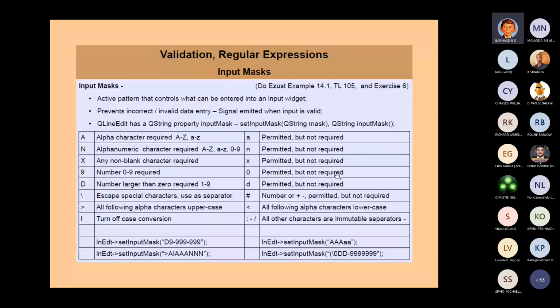So you must understand the difference between the two, where the input is compulsory and where it's optional. And a capital D means a number larger than 0 is required, in other words, the digits 1 to 9. And the lowercase d again means that your digits 1 to 9 are permitted but not required.